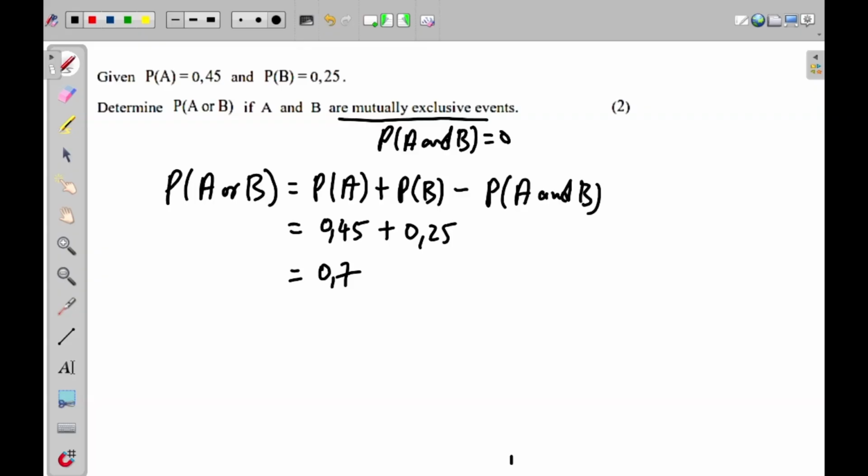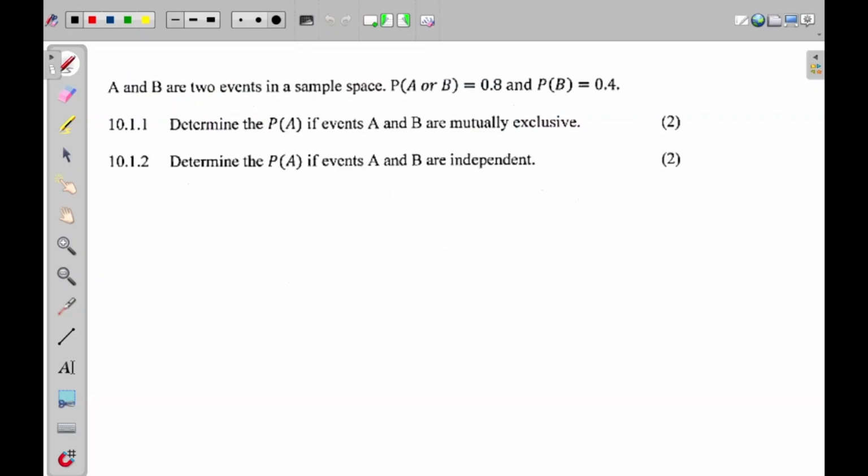Cool. Next up, we've got another one, and I want you to note again, we are given two events here. They are telling us A and B are two events in the sample space. And in this particular sample space, the probability of A or B is equal to 0.8. And the probability of B is 0.4.